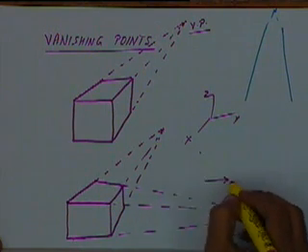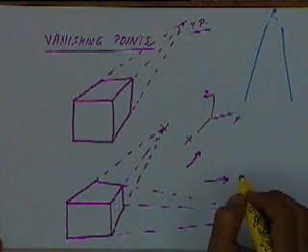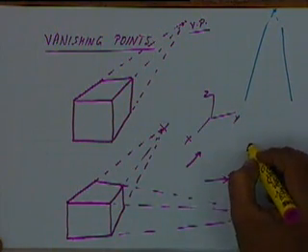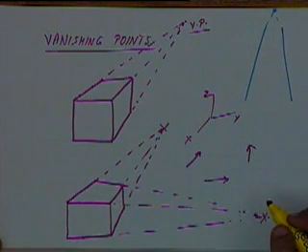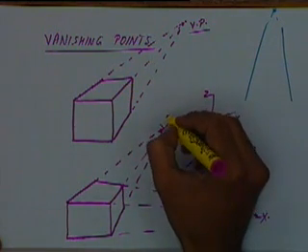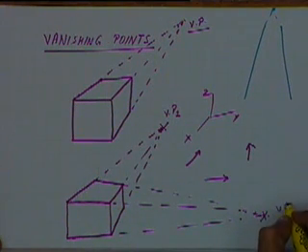All the lines parallel to the x direction seem to come from this point, and all the lines parallel to the z direction continue to be parallel. So here we have two vanishing points. This is vanishing point 1 and this is vanishing point 2.